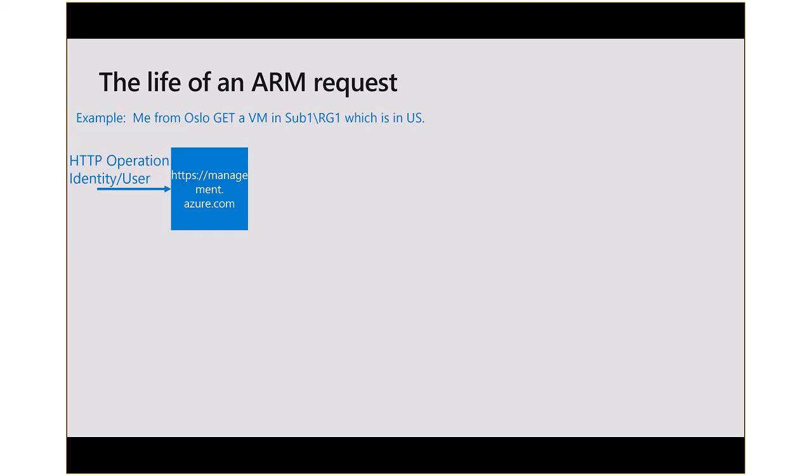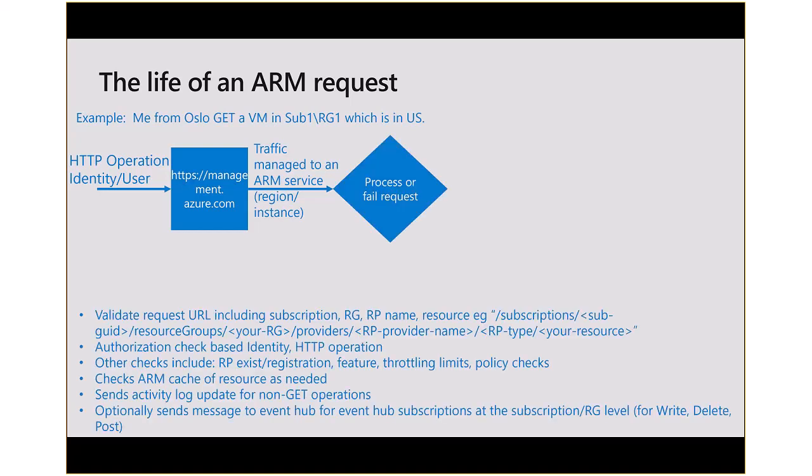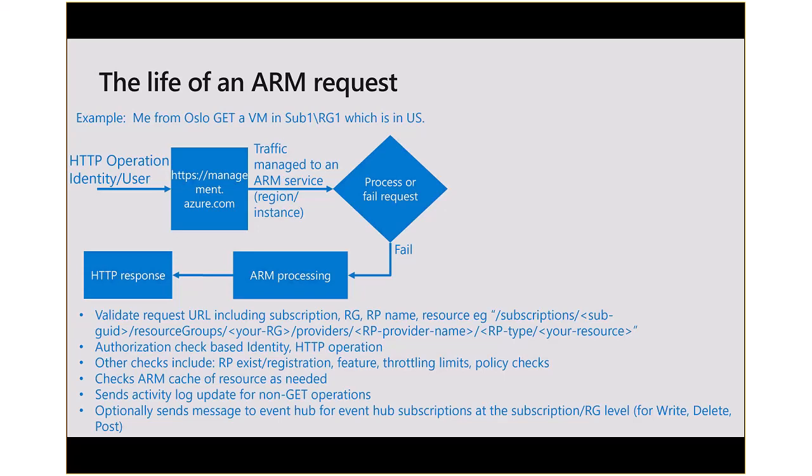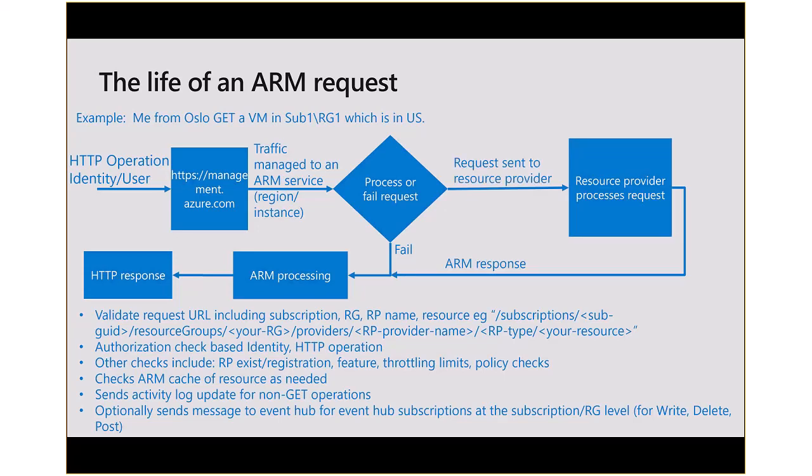First of all, I have to identify myself as a user. Then I need to verify that I have access to this resource. Then the traffic actually goes to the ARM service, inside a particular region. It first verifies whether this is a successful resource call, if I have access to those things or not. So that's either going to fail or succeed.